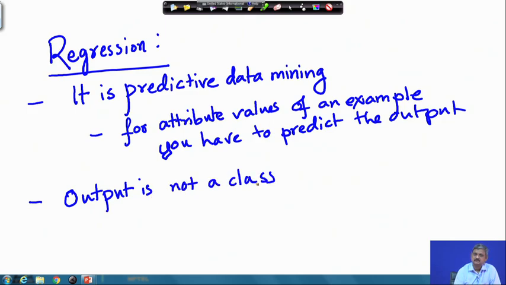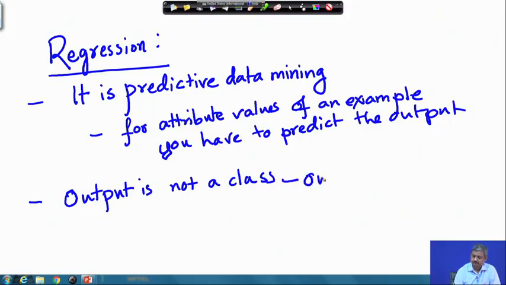If it is a class, we can probably replace them by integers. Say spam is 0, non-spam is 1. Fraud is -1, non-fraud is 1. We can represent them like that, but here it is not a class.